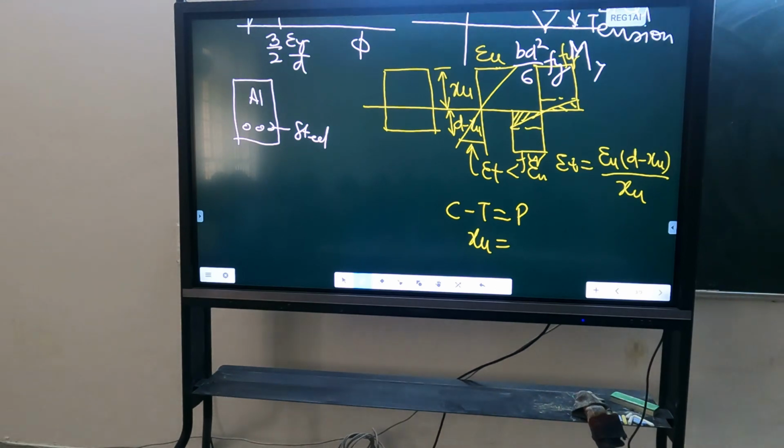That's why we are plotting moment versus curvature, not P versus curvature. P is constant. At constant axial force, we are increasing the moment, or rather increasing the curvature, and then checking. So it is a displacement control.